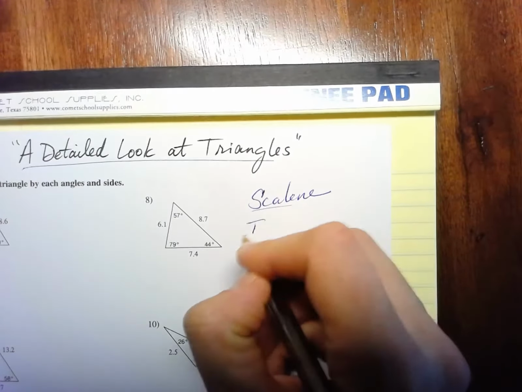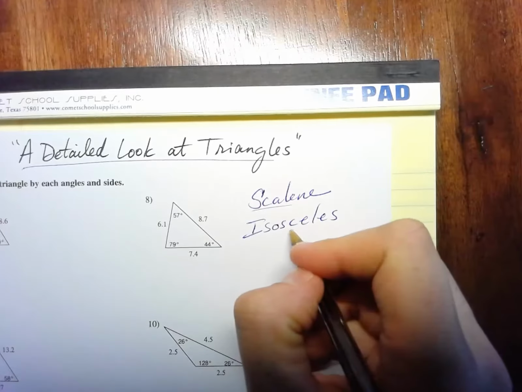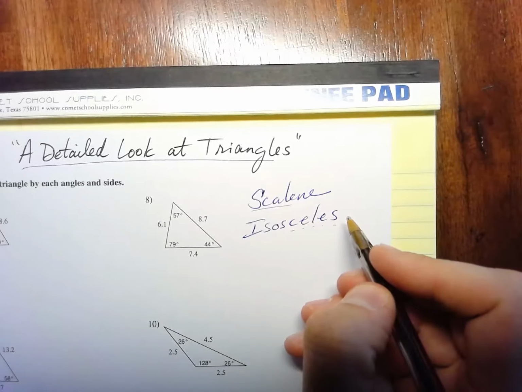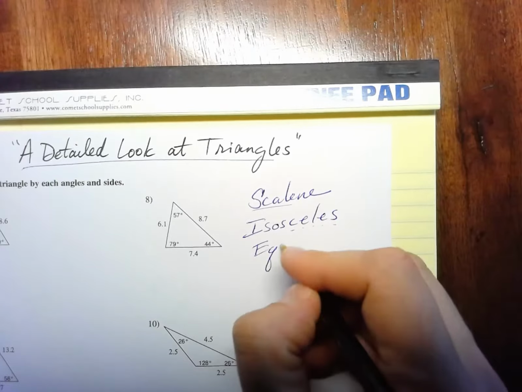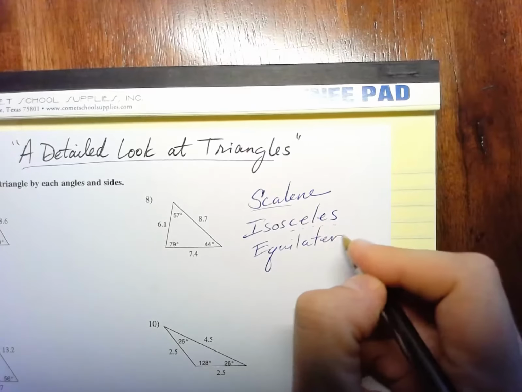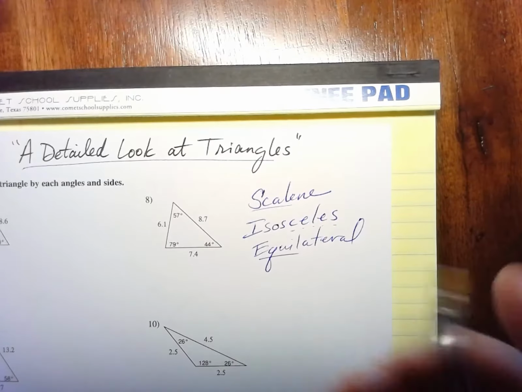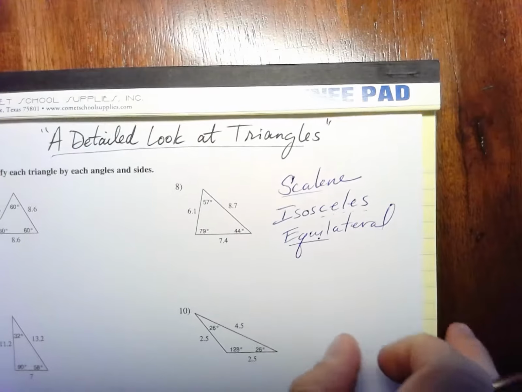You also have isosceles, which means that two sides are the same length. And then we have equilateral, which means that all three sides are equal, even though it's spelled E-Q-U-I, not E-Q-U-A.